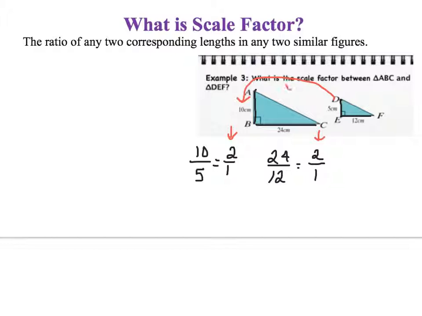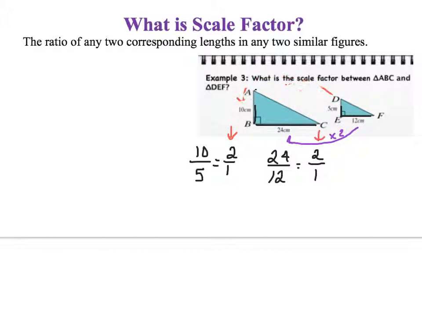So 5 times 2 gives me 10. The same way that 12 times 2 is 24. So again, a scale factor tells you how much bigger a similar figure is or how much smaller a similar figure is.